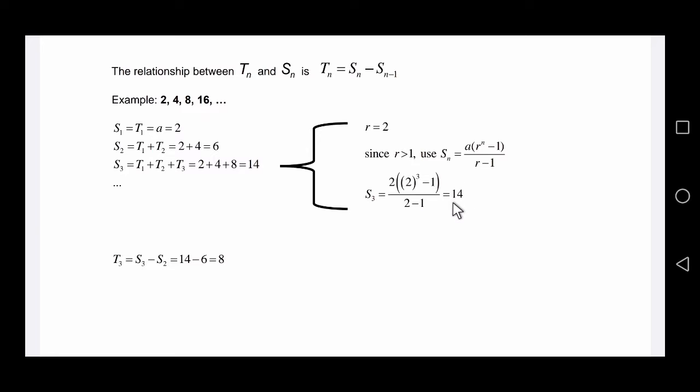So the answer is 14, similar to here. If we want to see the relationship between Tn and Sn, we can try to find T3. So T3 equals S3 minus S2, which is 14 minus 6. You will get 8. So T3 equals 8.